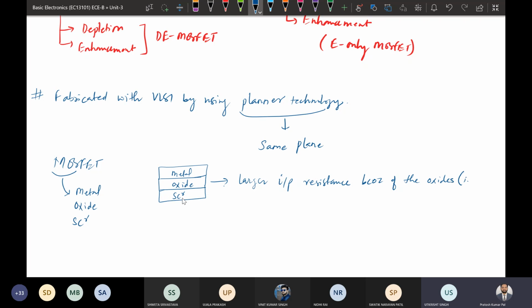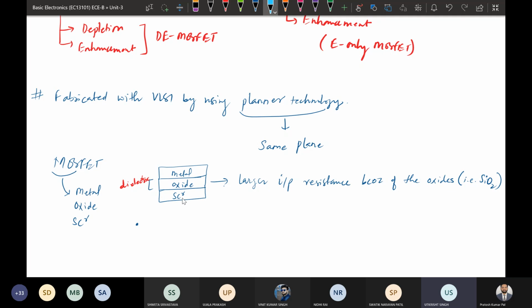Generally, we will be using SiO2, silicon dioxide, as the oxide in between the metal and semiconductor. So this oxide behaves like a dielectric.